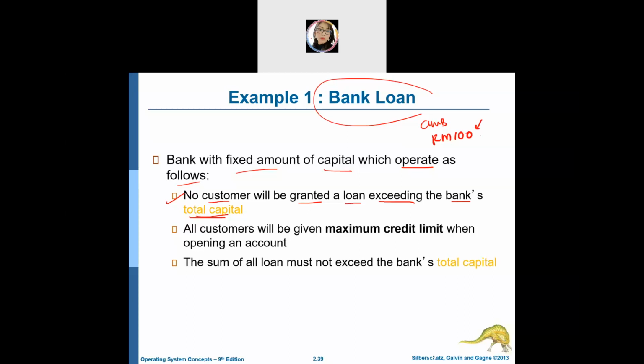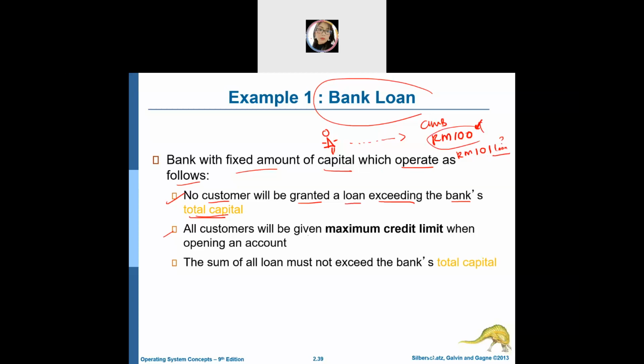Now if I go to CIMB, can I have a bank loan of RM101? I just want to have a loan. So can or not? Cannot, because it exceeds their own money, their total capital. So that is number one.